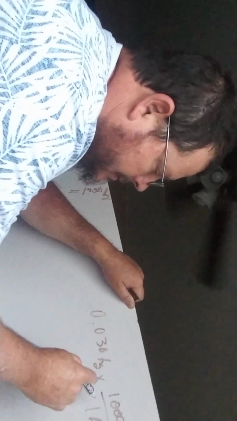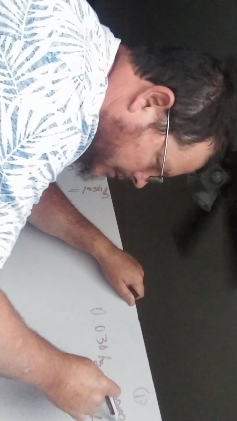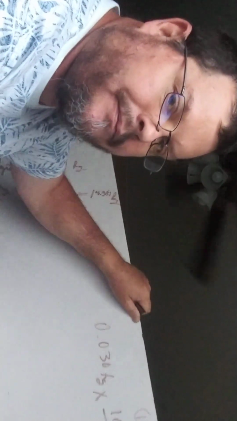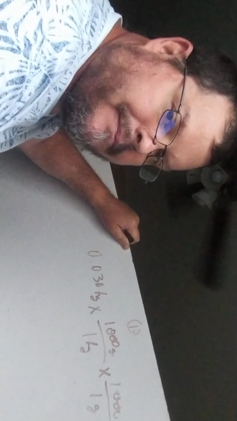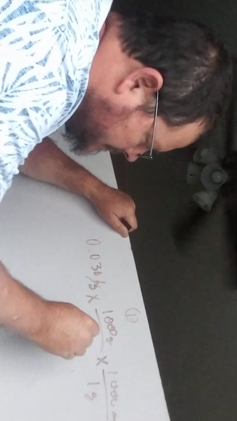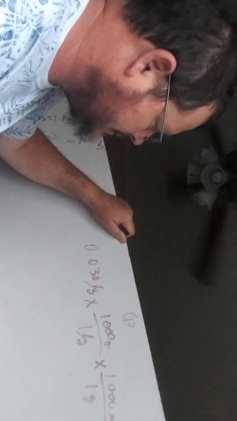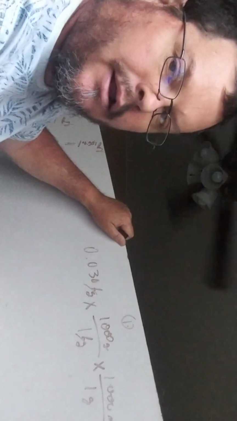Step number 1, I was converting kilograms into grams. How do I do that? I set up the relationship: there's 1,000 grams for every 1 kilogram. Kilograms cancel. What's 0.030 times 1,000? That's going to be 30.